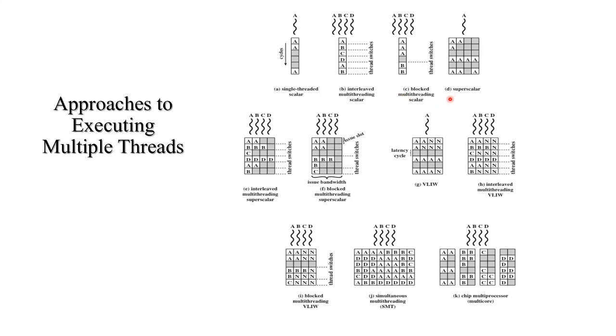For example, the figures from D to I illustrate a number of variations among processors that have hardware for issuing 4 instructions per cycle. Figure C shows a situation in which the time to perform a thread switch is 1 cycle, whereas in this figure, the thread switching occurs in 0 cycles.